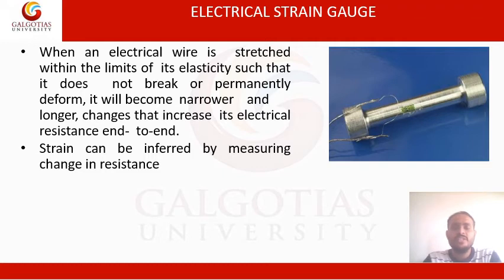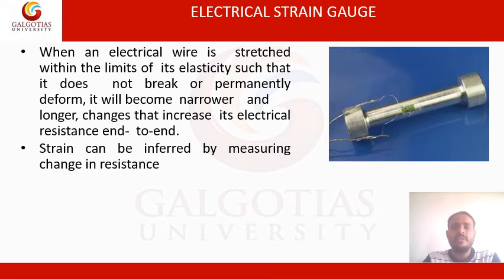The change in the shape and size of the conductor also alters its length and cross-sectional area, which eventually affects its resistance. So any typical strain gauge will have a long, thin conductive strip arranged in a zigzag pattern of parallel lines.